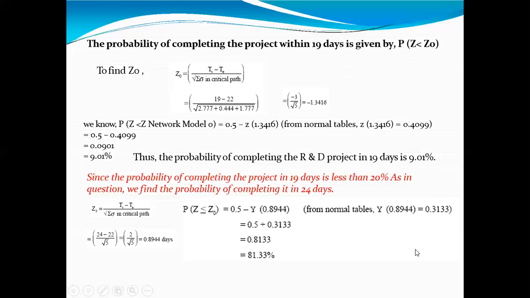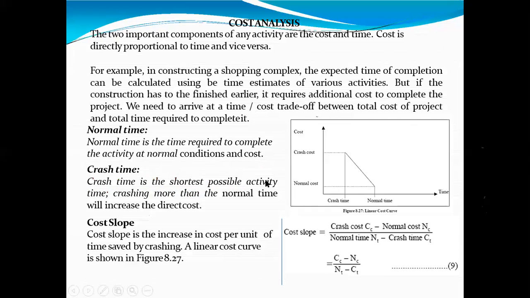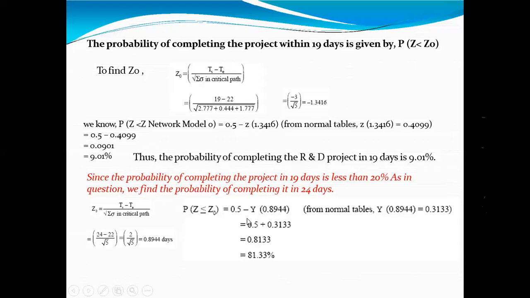If you go to our diagram here, that value is coming at 0.8133 once again. Is it right? So this is 0.8133, and that means it will be completed 81.33%.